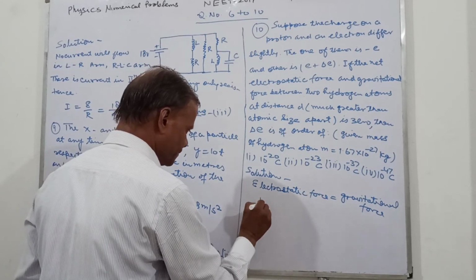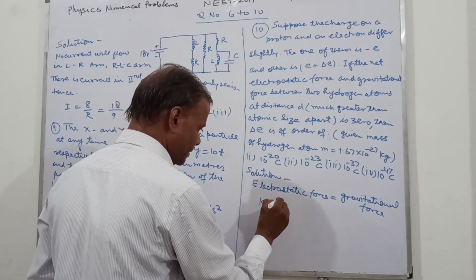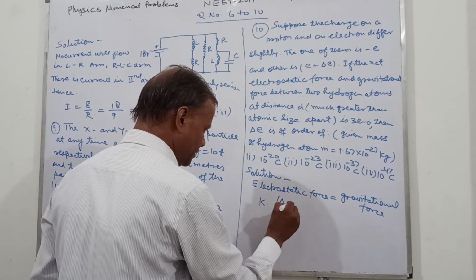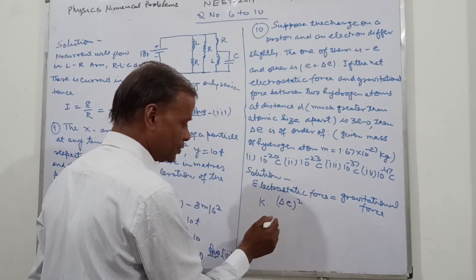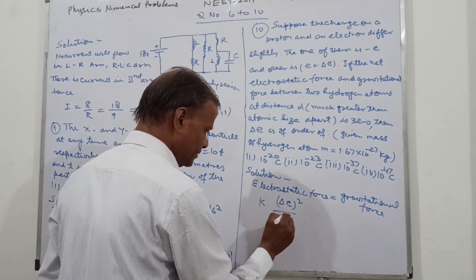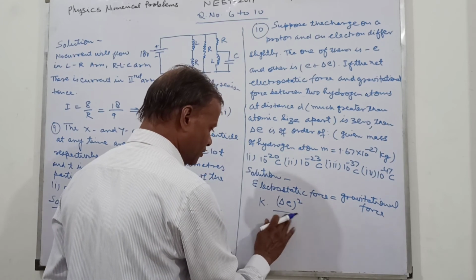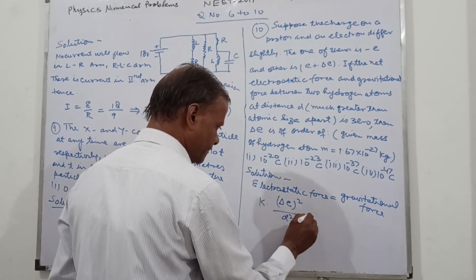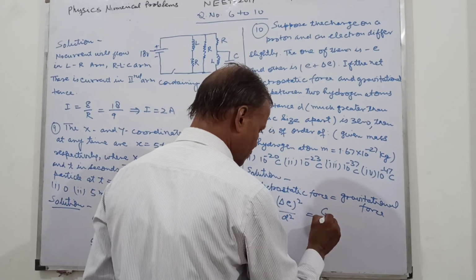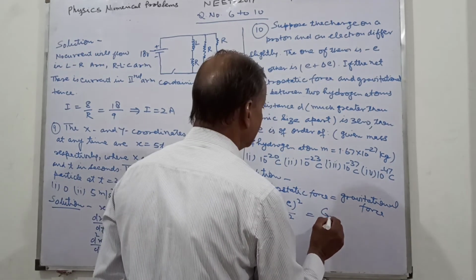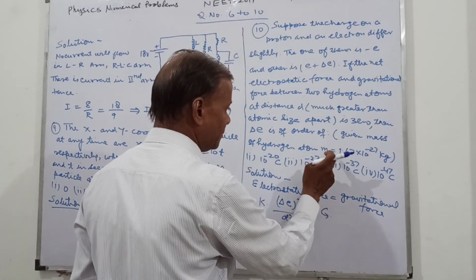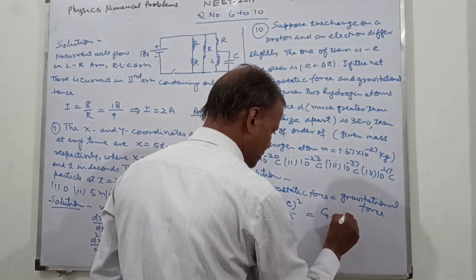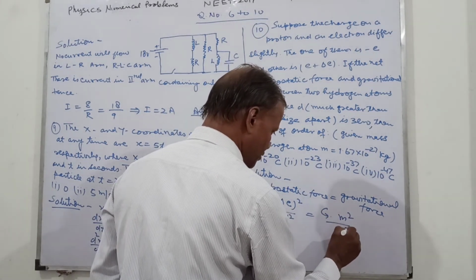Electrostatic force is K into delta e whole square, K q1 q2 upon r square. In place of r, we are given this d square, equal to G, and the mass is given, mass m square upon r square, m1 m2.